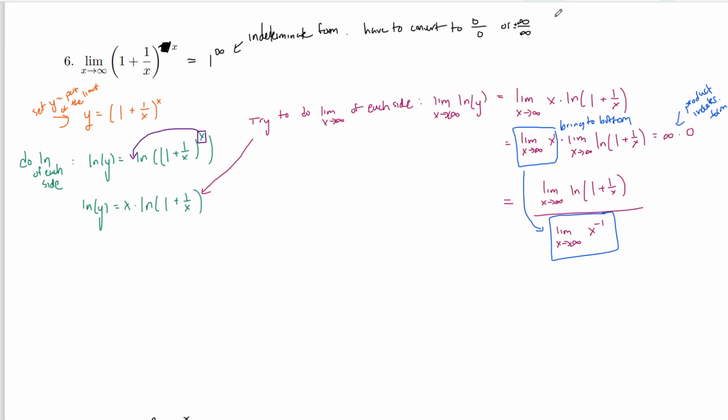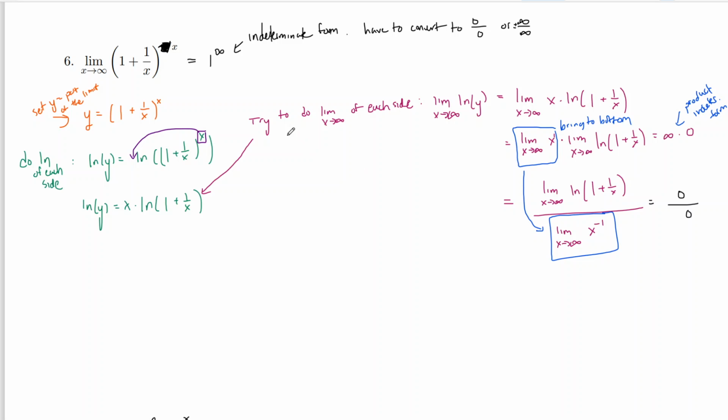Well, now what happens here, and it might help to rewrite x to the negative 1 as 1 over x, or you can just remember that when you have the limit as x goes to infinity of x to a negative power, it is 0. So this is 0, and on top, this is the same limit from before that gave us 0 originally. So at this point, we actually have it in a correct form where we can use L'Hopital's rule, because we have 0 over 0.